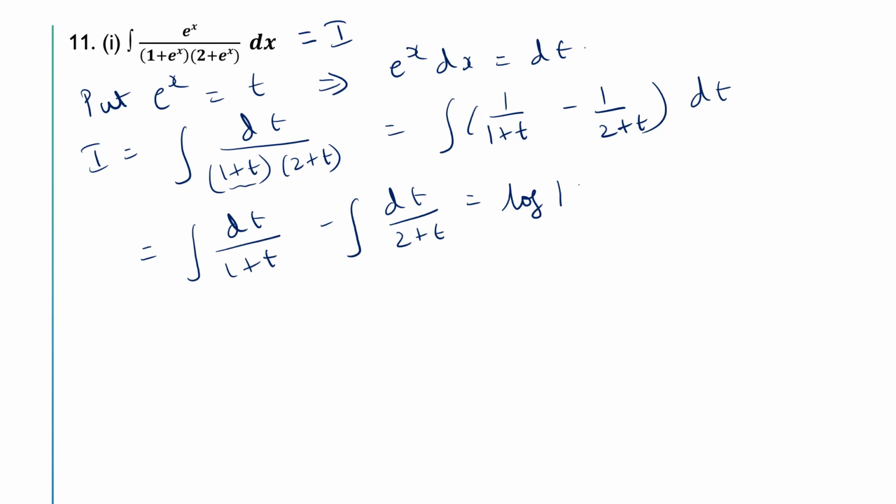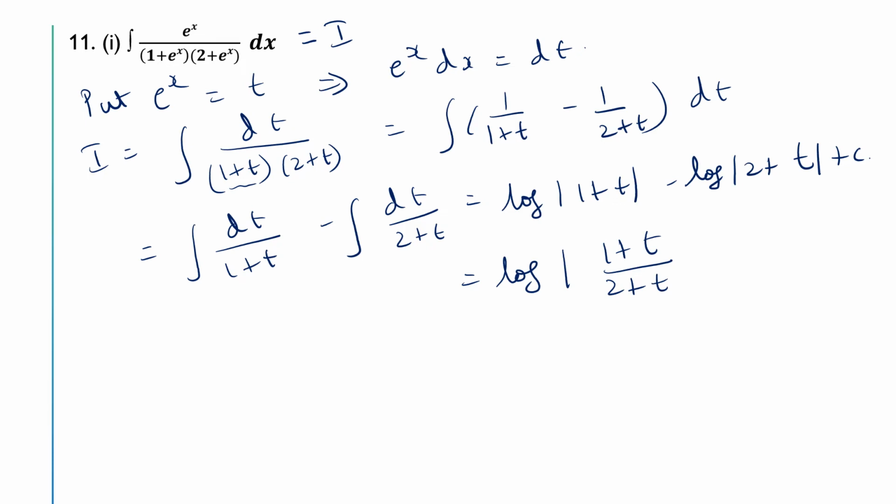It is equal to log mod 1 plus t minus log mod 2 plus t plus c, or this is equal to log mod 1 plus t upon 2 plus t plus c, since log a minus log b is log a upon b. Now we can substitute for t. T we have taken as e raised to x. So the given integral is log of 1 plus e raised to x upon 2 plus e raised to x plus c.